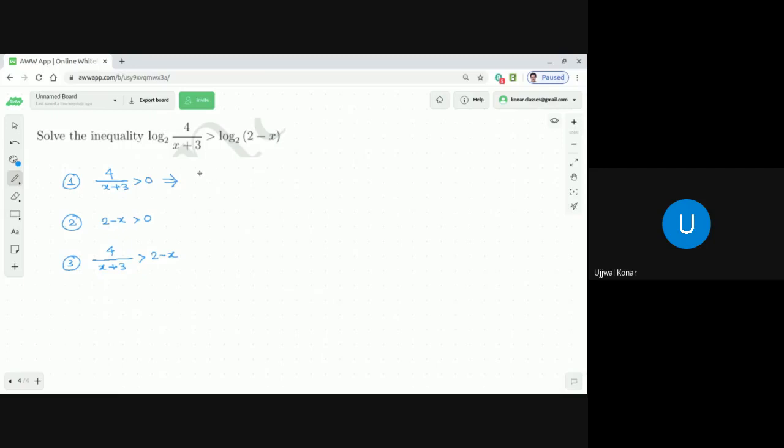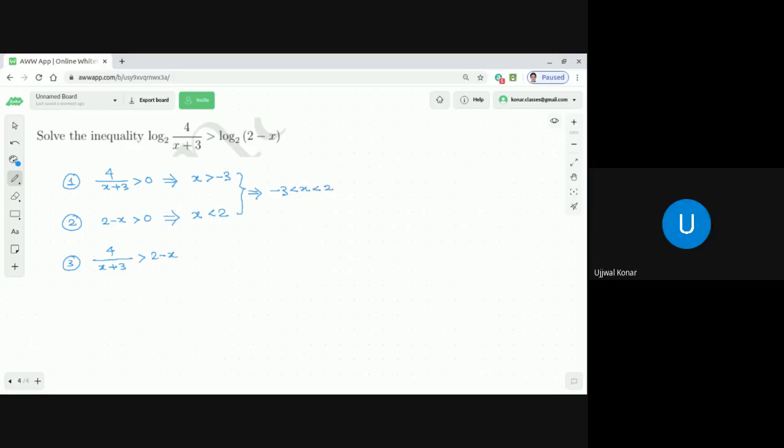Obviously, because 4 is positive, so x plus 3 has to be positive, no? So from here we get that x is greater than minus 3. Now 2 minus x greater than 0 says that x is less than 2. So we can combine these two. What we get is minus 3 less than x less than 2. So this is one solution set we get.